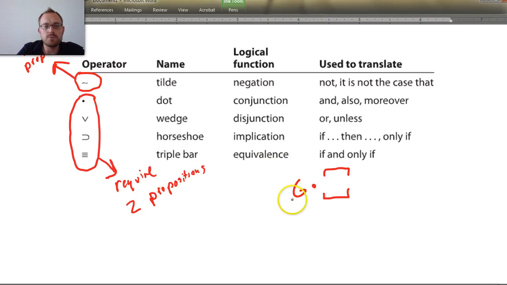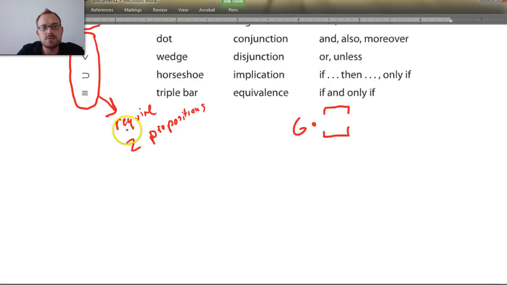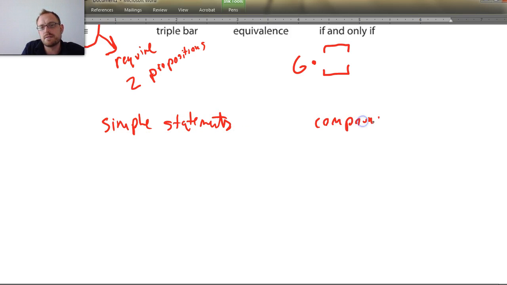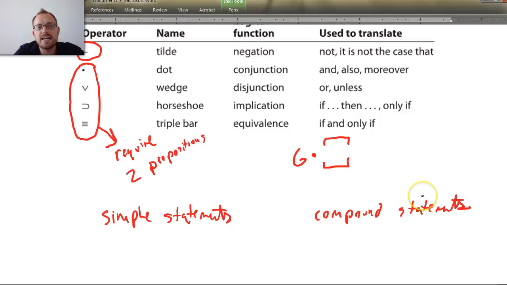So let me make one more distinction that your book talks about that's actually pretty important for us, right? And that's basically the difference between simple statements, right, and compound statements. We have actually already covered this in this video, but I just want to lay out the wording, right?